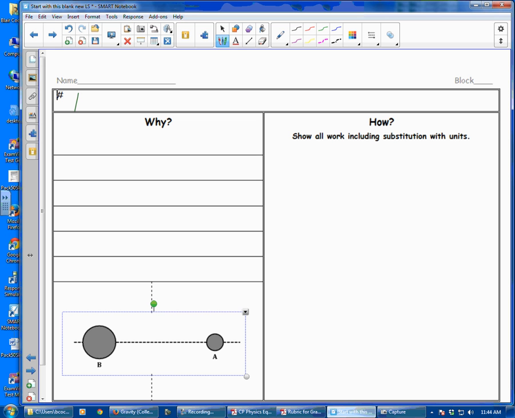You mean like over here? In the middle, but probably closer to A. I would agree. Because can you have forces canceling out if there's only 1 force on it? Okay.